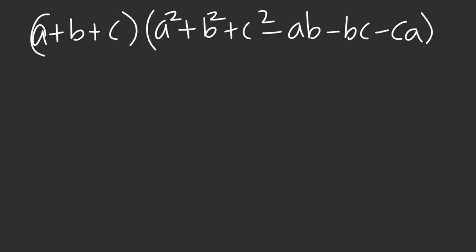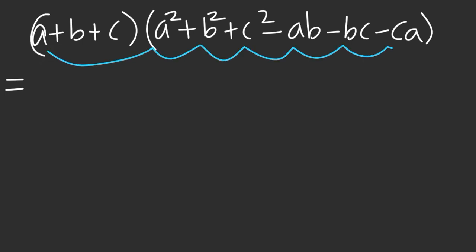So the right hand side we have (a + b + c)(a² + b² + c² - ab - bc - ca). You can see here they are symmetrical, a then b, then b then c, then c then again a. This is the cyclical order that I told you. And now we shall need to multiply a with all the 6 terms here.